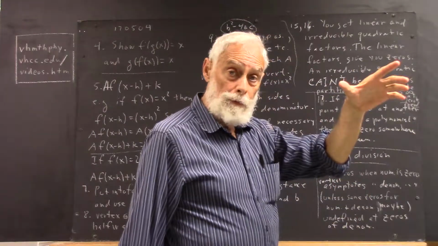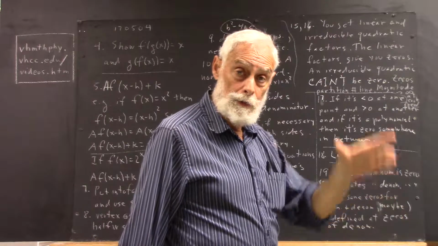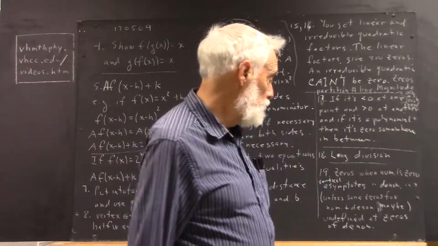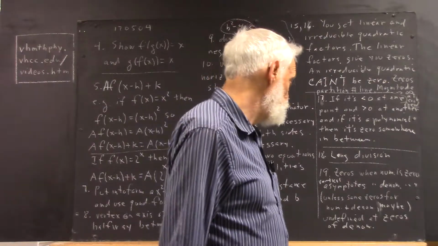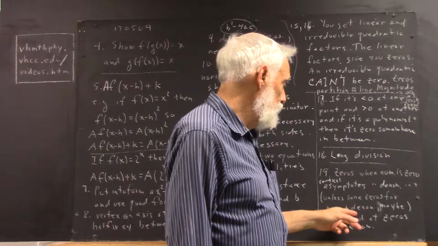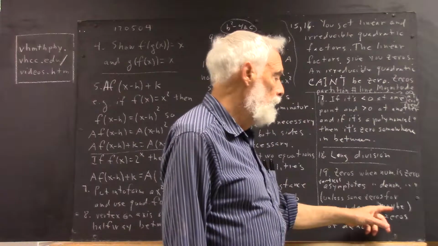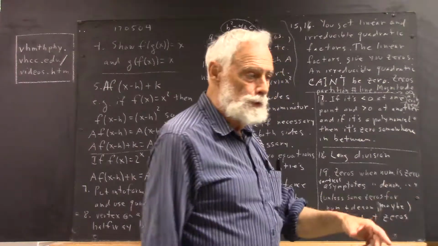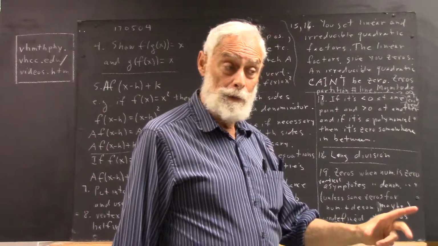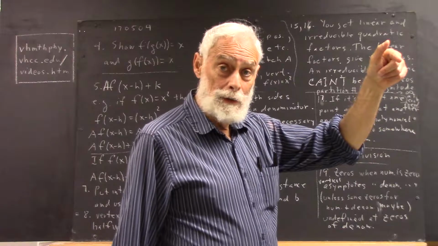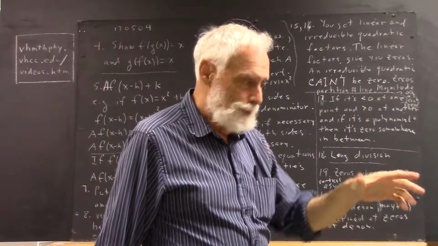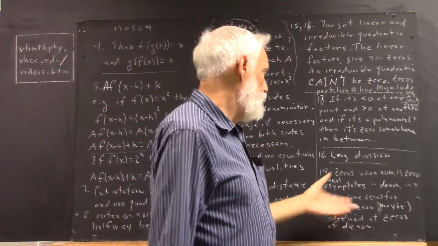But if you have a linear factor here and a matching linear factor here, you divide this one by this one, it gives you 1, and you don't have to write 1 as a factor. So unless they're the same zeros for numerator and denominator, maybe. Because, of course, you could have a linear factor up here and the square of that linear factor down here, and this linear factor would only divide out one of the two that you have in the square. So there are all kinds of things that can happen.